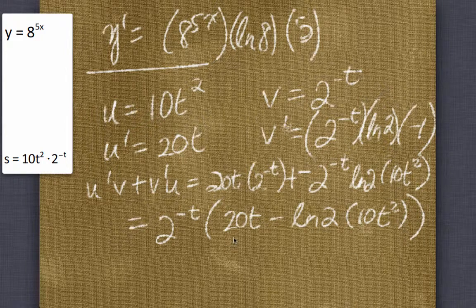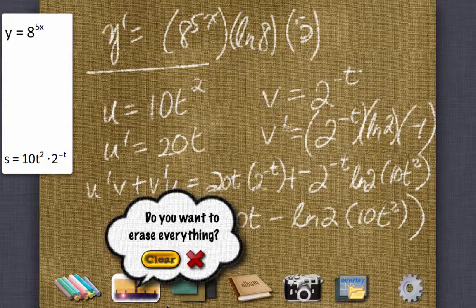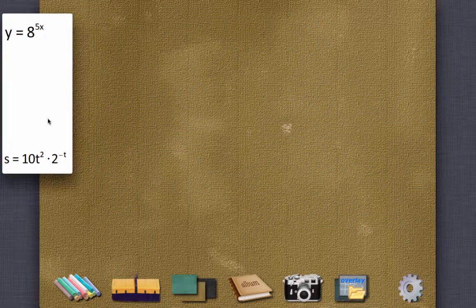You could factor out a 10t if you wanted. There are several things you could do to clean this at this point, but you don't have to at this stage. You just have to be able to recognize what it's equal to if it comes to it.